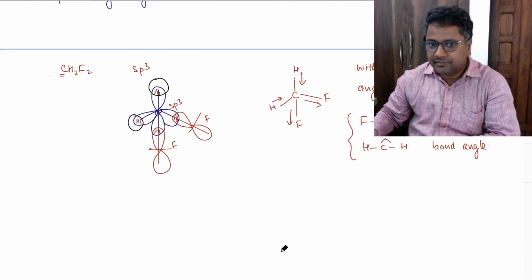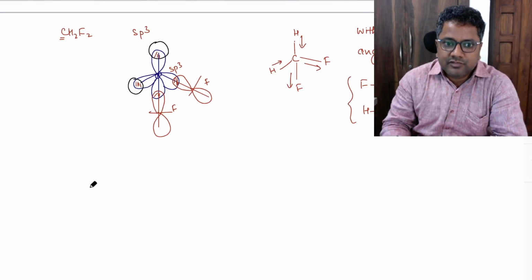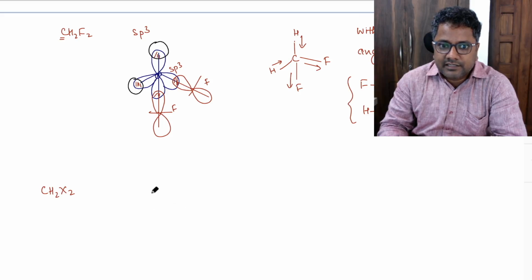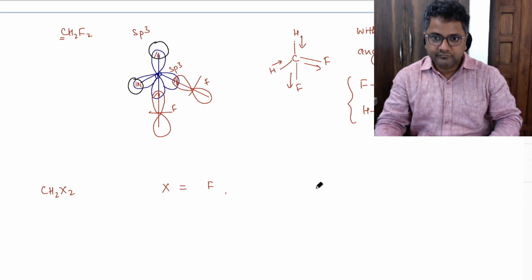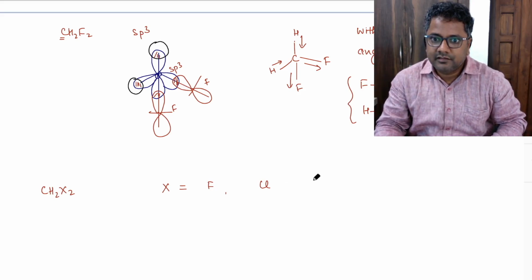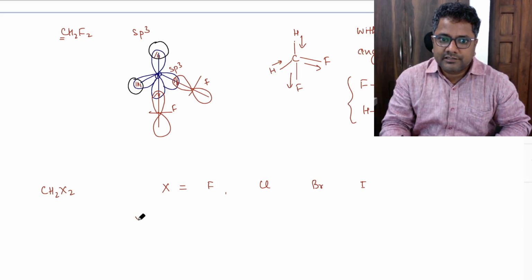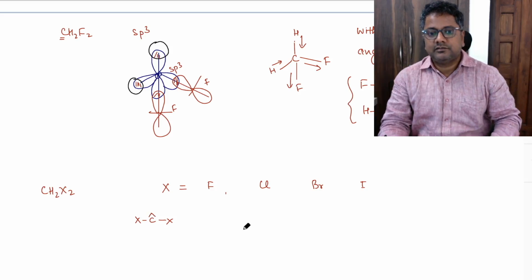Now suppose it is given to you that CH2X2 is given, and it is asked, see, if X is equal to F, Cl, Br, what should be the XCX bond angle, right?